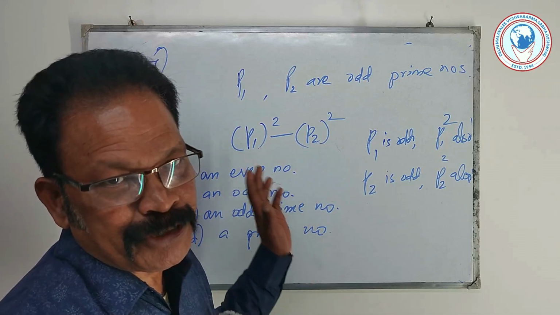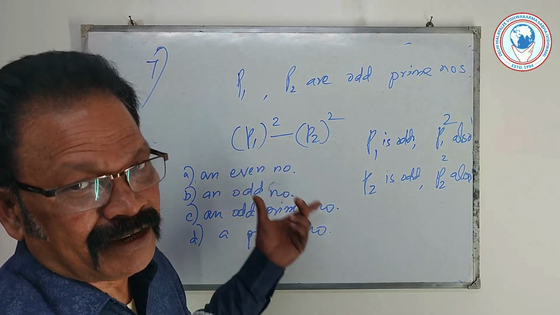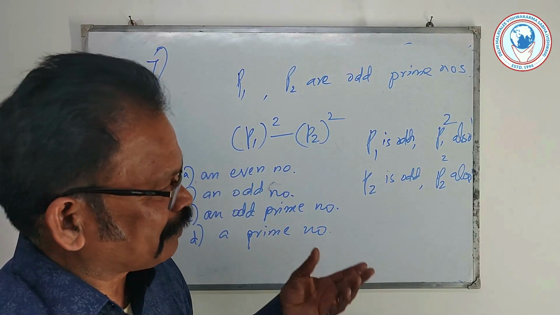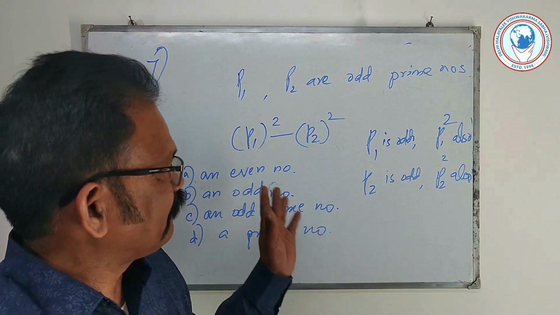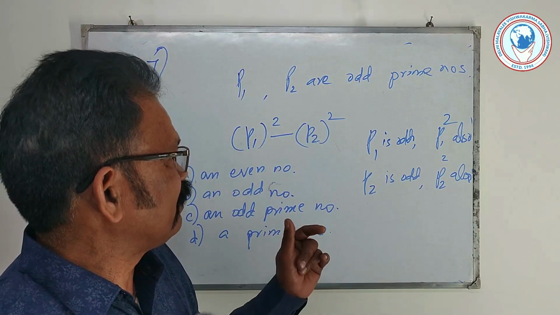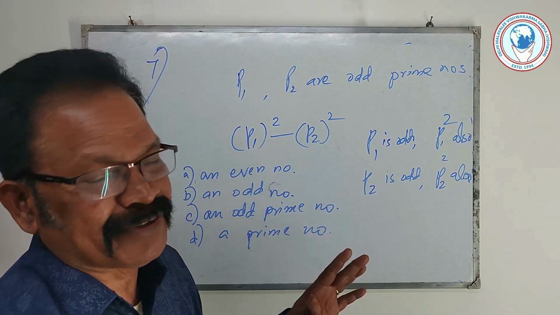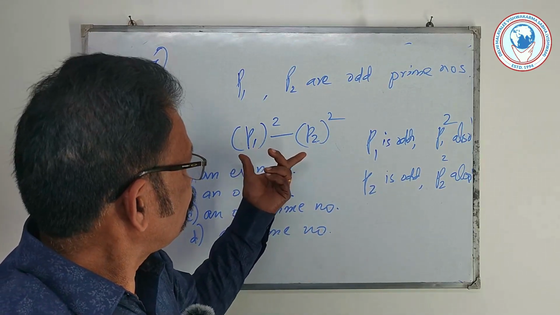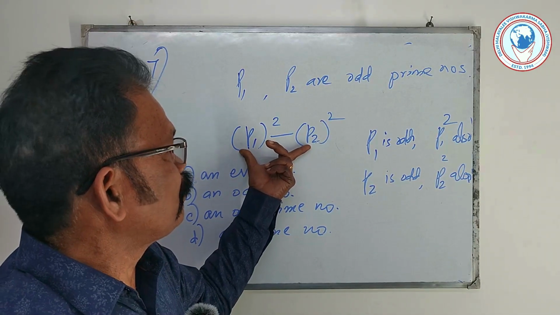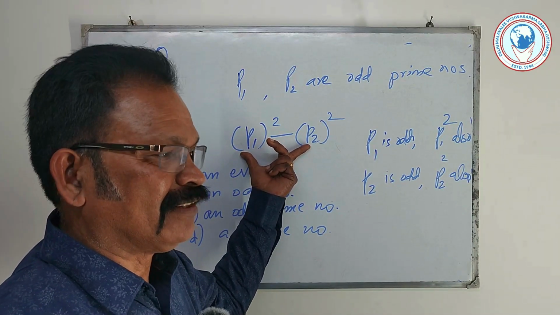The difference between two odd numbers is always even. Take the numbers 3 and 5. Their difference is 2, that is an even number. 3 and 7, they are odd numbers. The difference between them is 4, that is even. So the difference between two odd numbers is always even.